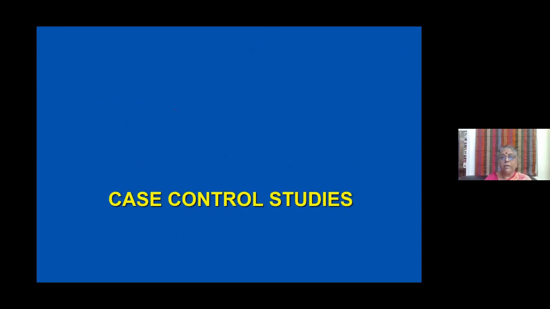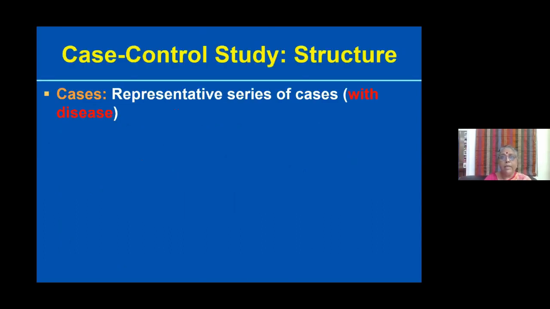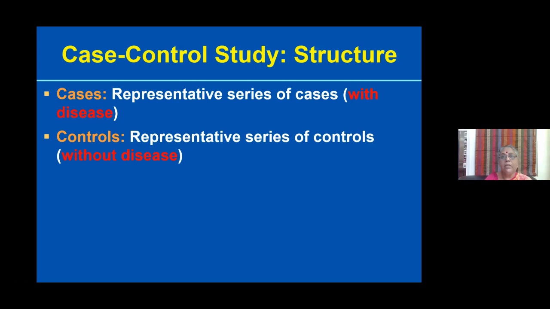Now, what are case control studies? Case control studies are studies where you start with the disease. So the diseased participants are your cases, and you as a researcher choose your controls, and the controls are those who are without the disease.